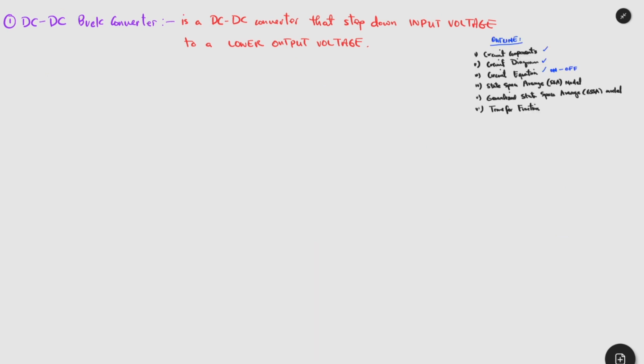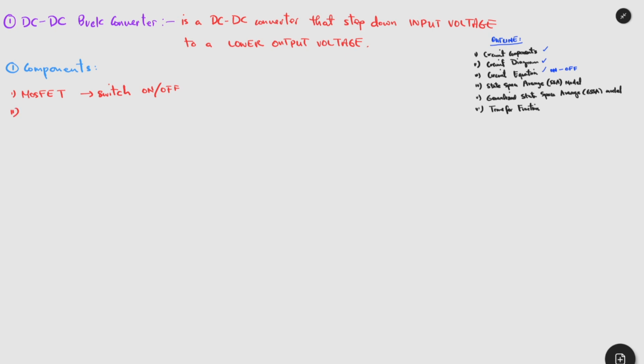In order to build a buck converter, firstly we need components, and we call them the circuit components. The first component we need is a MOSFET. And what is a MOSFET? A MOSFET is nothing but a switch that will turn on or off.